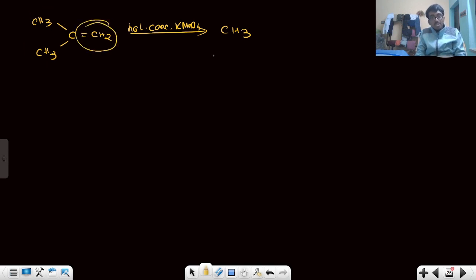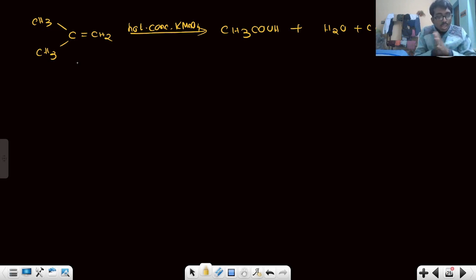Who will see that? I will see. So double bond CH2 will form CO2 and the other side will form COOH, CH3COOH. Done. Water will form and CO2 will form. Clear? Understood?